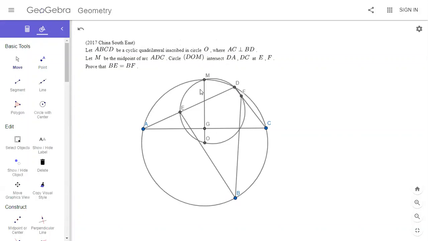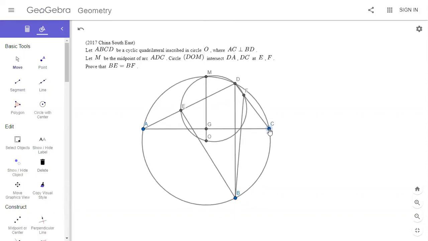Okay. Oh yeah, I kind of erased segment BD, but let's see. So can we show MEA is congruent to MFC?